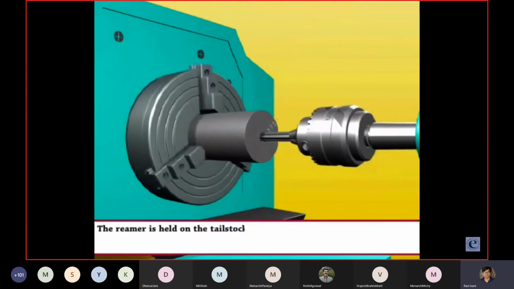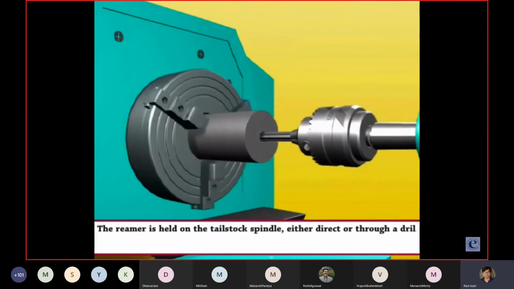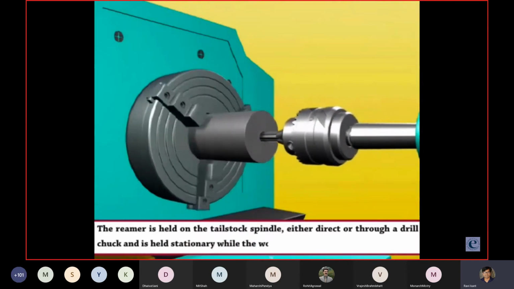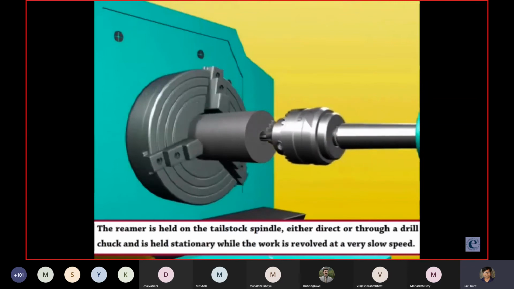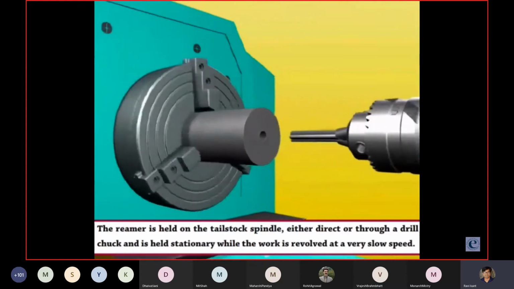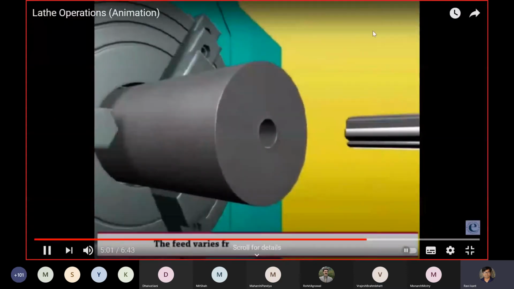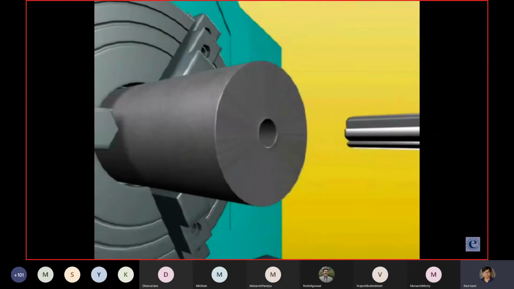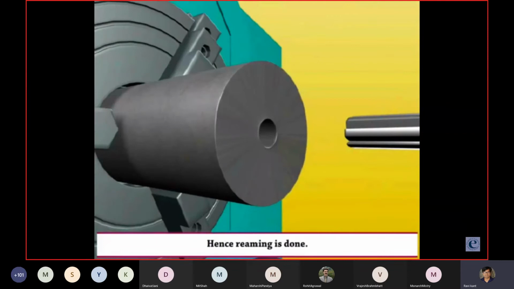The reamer is held on the tailstock spindle, either direct or through a drill chuck, and is held stationary while the work is revolved at a very slow speed. The speed varies from 0.5 to 2 millimeter per revolution. Hence, reaming is done.